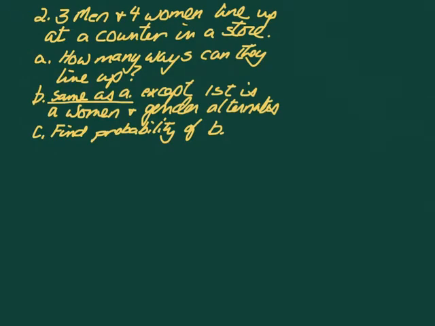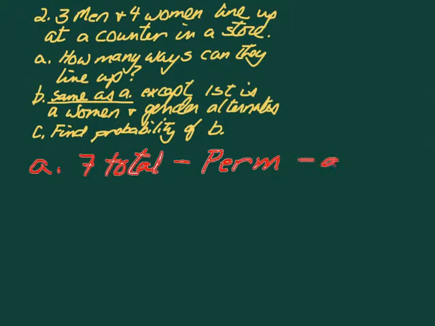So I shrunk this a little bit so we could see it. The first question we want to answer is question A, which is how many ways can the people line up? Well, there are 7 total people, and we've done this before. They're just going to line up, so the order matters, who's first, who's second, who's third. So this is a permutation, and we're going to choose all of the people.